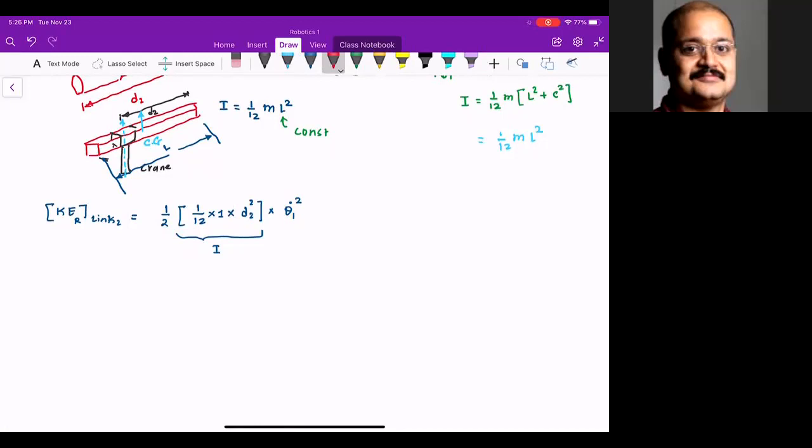The centroidal moment of inertia does not change. But by extending and closing the arms, the radius of gyration changes. That changes the moment of inertia about the center of rotation. That's why they extend and close, and that's why the speed changes, because of the conservation of momentum. You understood this? Okay, good.